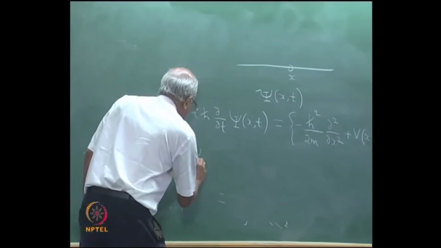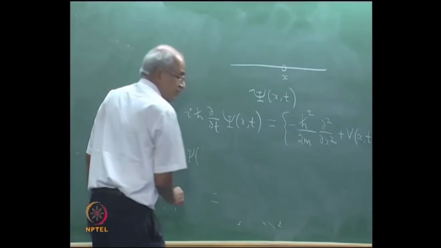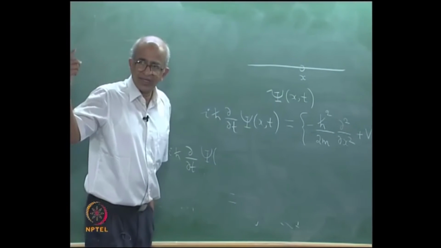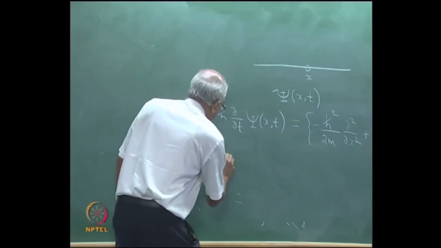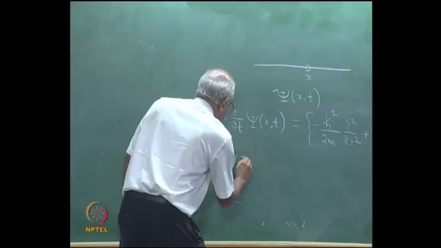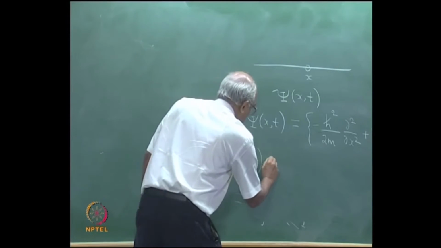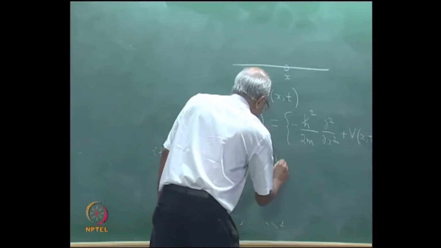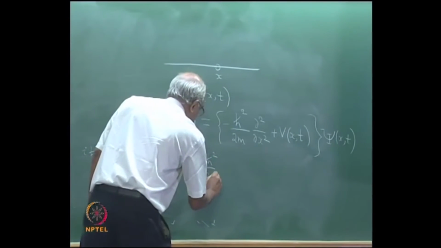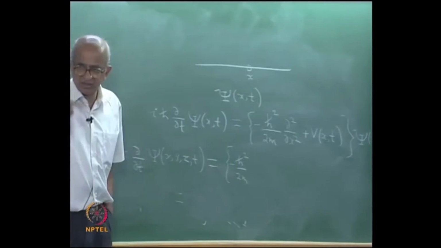You will have a psi which is a function of x, y and z, because you are thinking of a 3-dimensional system. So, you will have x, y, z and t, and that is going to be equal to minus h cross square by 2m, because your particle is moving in 3 directions.